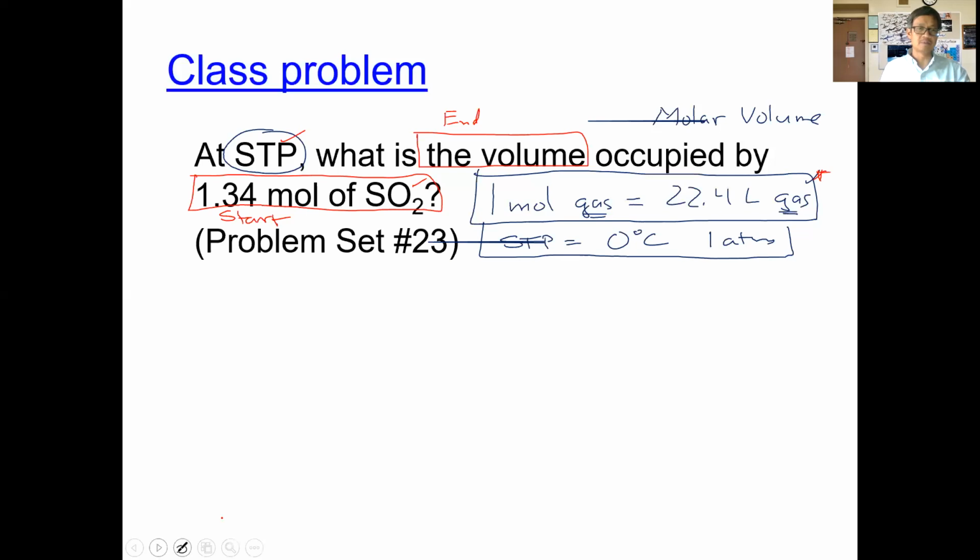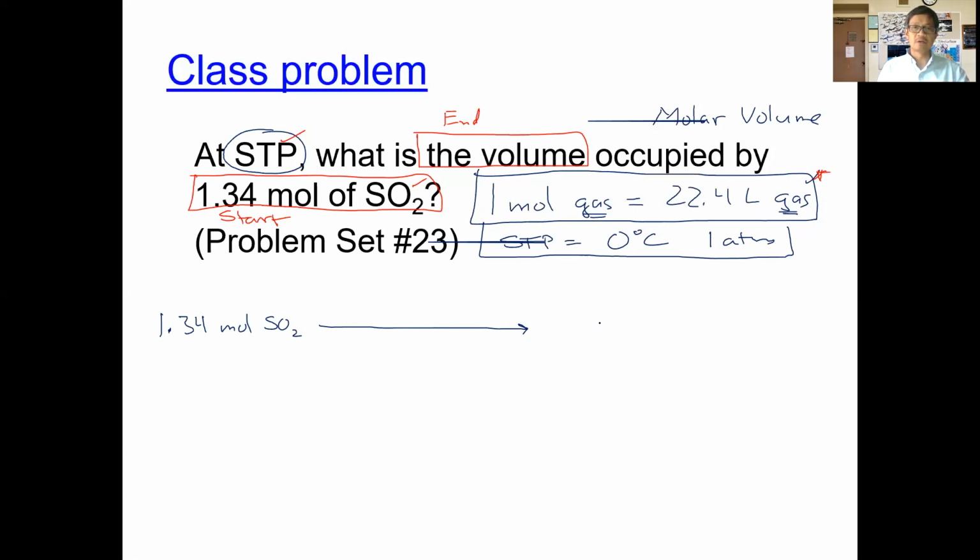Okay, so let's set up our conversion problem. We start out with 1.34 moles of sulfur dioxide. Now, you're not expected to know that sulfur dioxide is a gas, but I do, and so I can let you know that. However, in your book and later on, I will actually specify that what we have here is a gas.